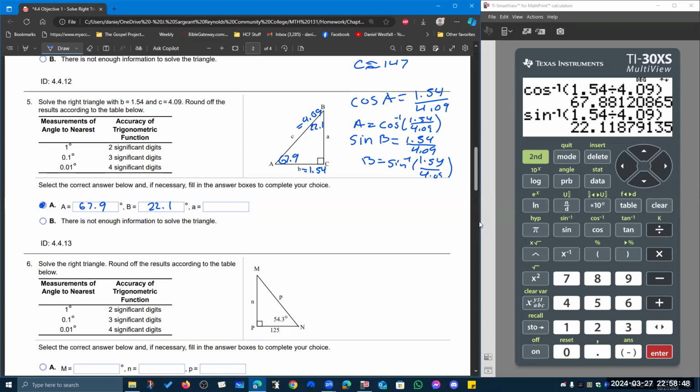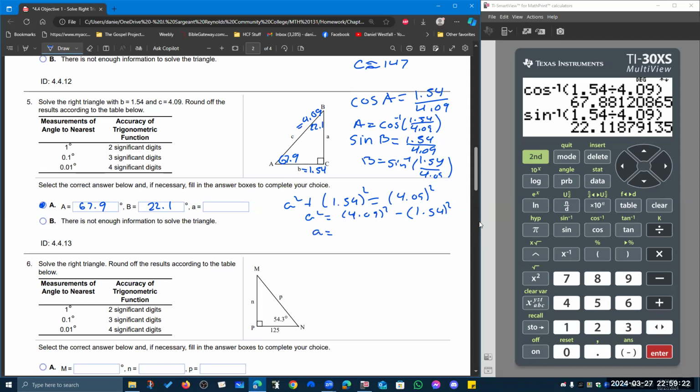Now that we have our angles and our sides, let's just use the Pythagorean theorem because we were given two sides here. So a squared plus 1.54 squared is equal to 4.09 squared. And so a squared is equal to 4.09 squared minus 1.54 squared.